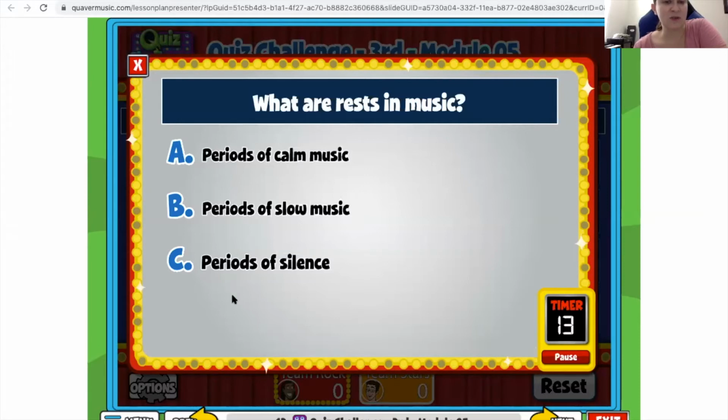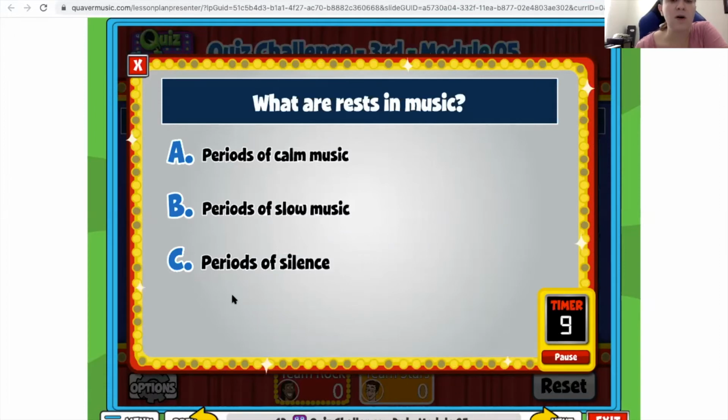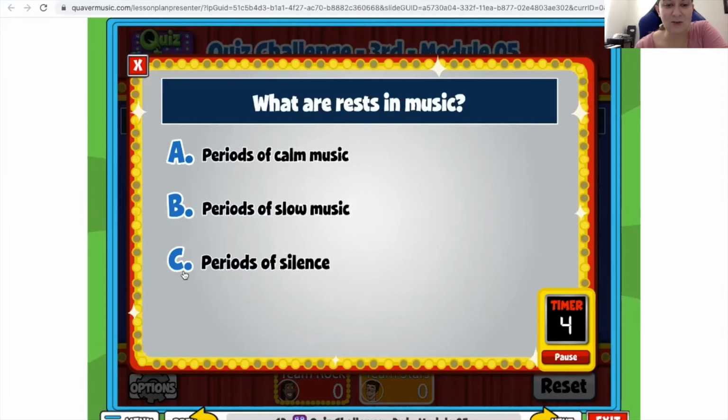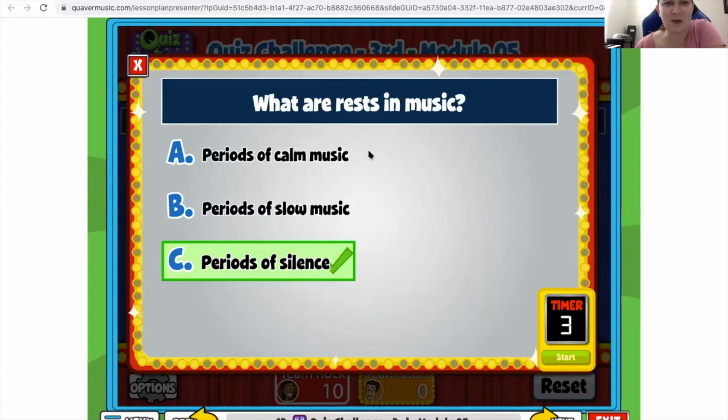So when we see a rest in music, does it mean that it's calm, that it's slow, or that we should be silent? If you pick silence, you are correct. Nice job. So our rests are when the composer, the person who's writing the music, wants us to be quiet.